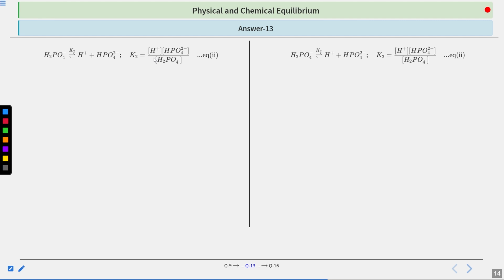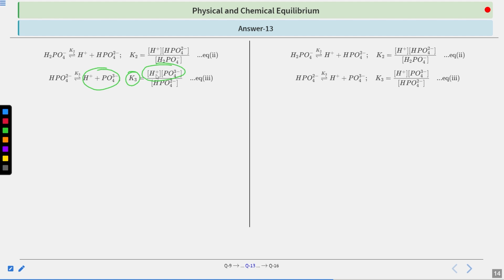Here we can write K2 as H+ times HPO4 2- divided by H2PO4-, as equation 2. In equation 3, HPO4 2-, where the equilibrium constant is K3, goes to H+ and PO4 3-. Again we can write K3 as the concentration of products divided by the concentration of reactants.